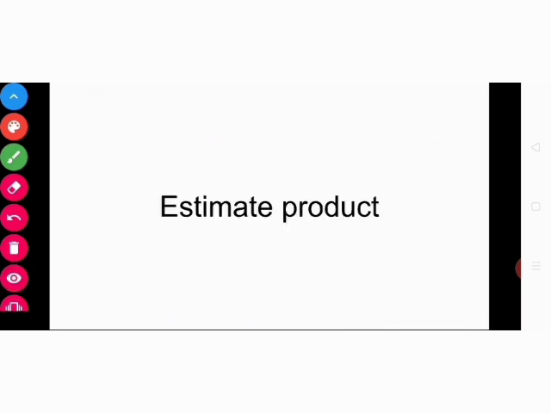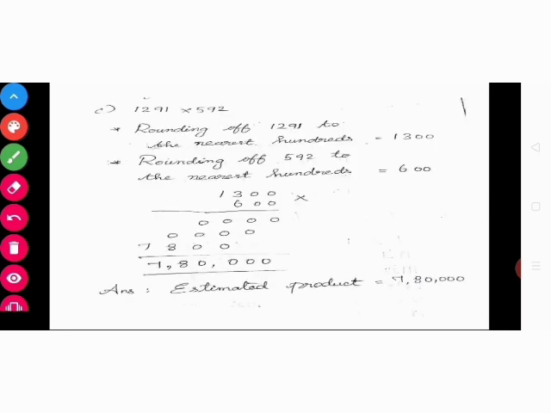Look at another: estimate product. What is that? Estimate product. The sum that is given: 1291 into 592. So I am going to round off to the nearest hundreds.